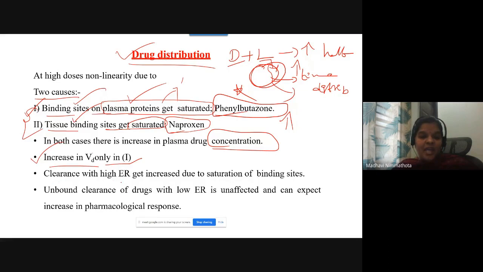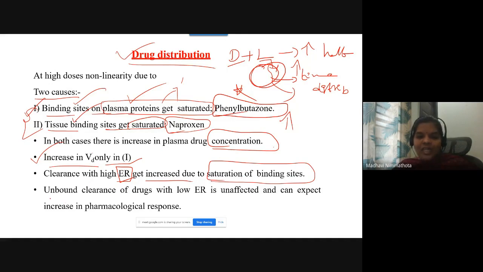and the clearance with high ER. ER means extraction ratio, what we studied under clearance. Clearance with high ER gets increased due to the saturation of binding sites. If the plasma drug concentration is increased, then there is a chance to increase its clearance also because of the saturation of binding sites.